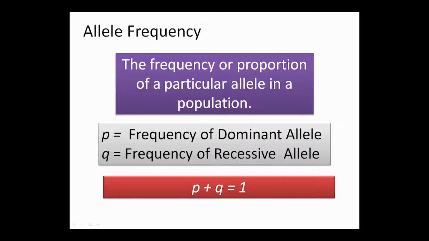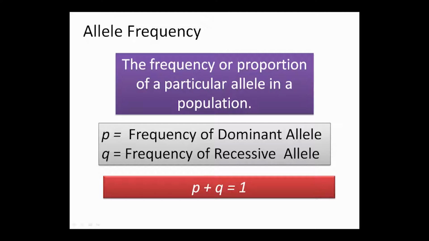So normally we assign P as the variable for the dominant allele, and we assign Q as the variable for the recessive allele. So if we have 2 alleles for that loci in a population, both of those frequencies added together must equal 1.